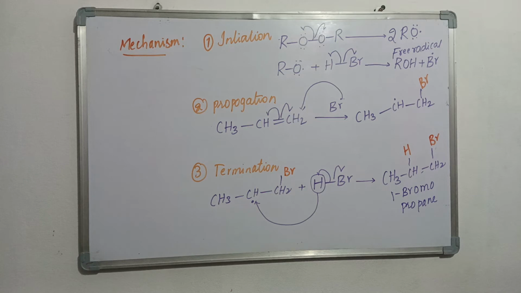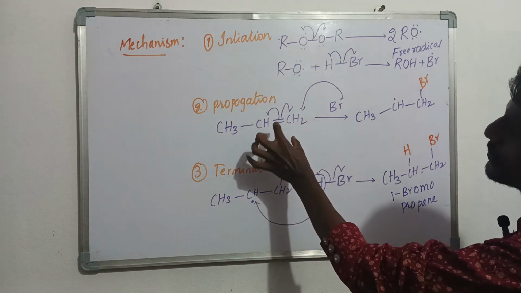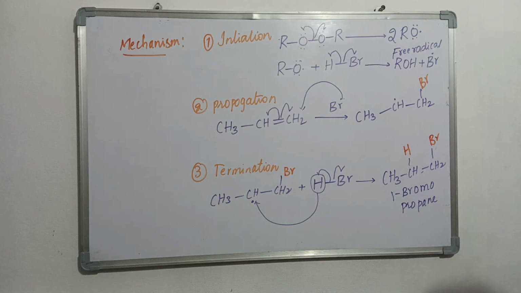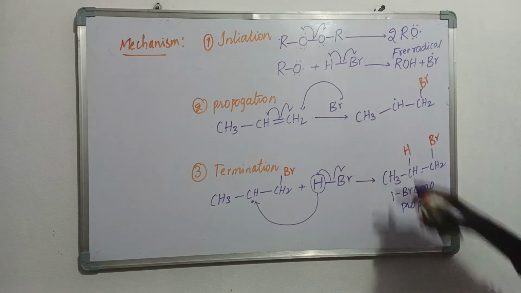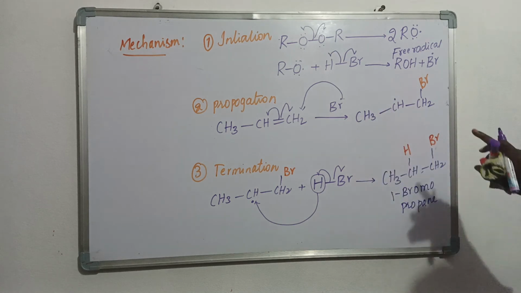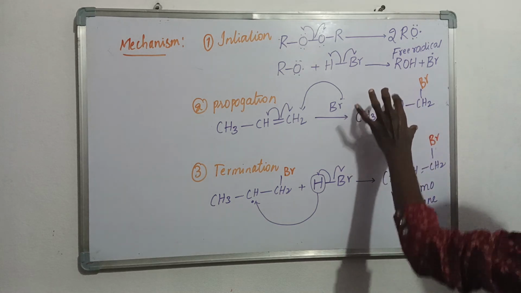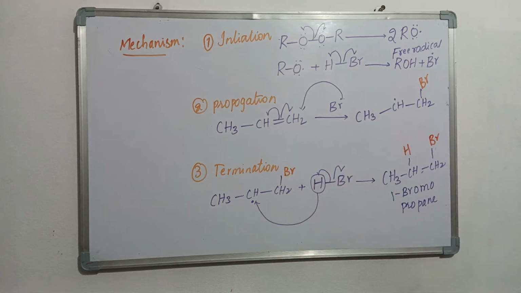This bromide free radical attaches to the double bonded carbon atom having more number of hydrogen atoms, and an alkyl carbon free radical is formed. This radical captures the hydrogen from hydrogen bromide and it is converted into 1-bromopropane as the product.